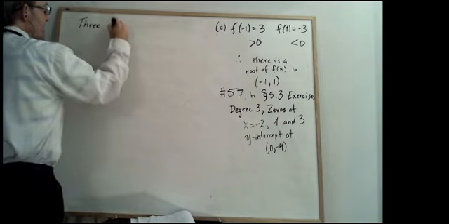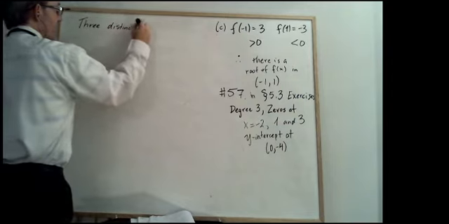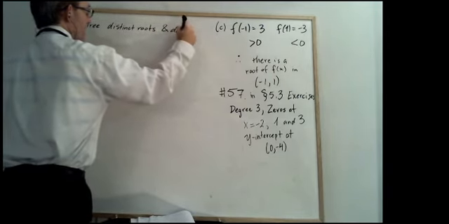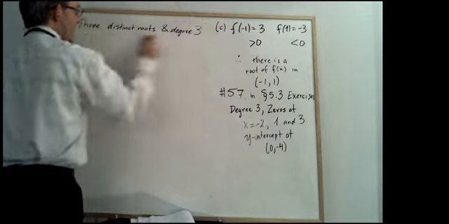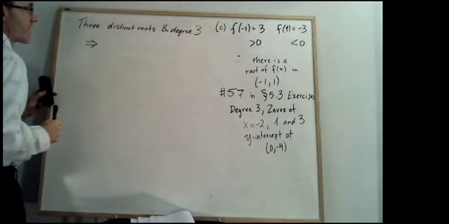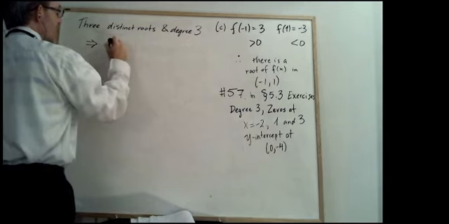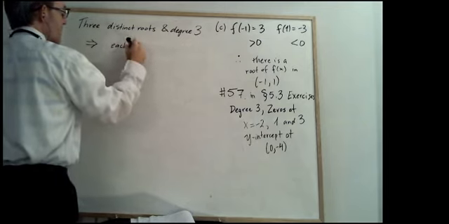So the 3 distinct roots with degree 3 implies, that's my symbol for implies, that each root must be multiplicity 1.